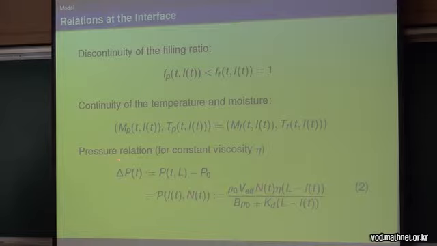I don't want to show too many details, but here we need the assumption that the viscosity of the fluid is a constant eta. With this assumption, we can derive the pressure relation like this, equation 2. Delta P means the pressure at the die, which is the exit of the extruder. P0 is the air pressure because the partially filled zone is open to the air. So this is about the difference of these two pressures.